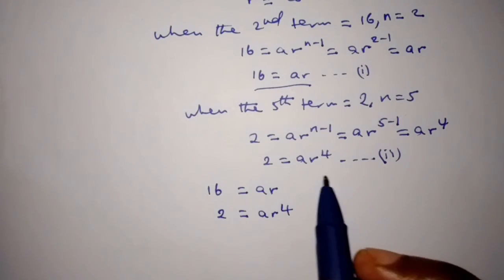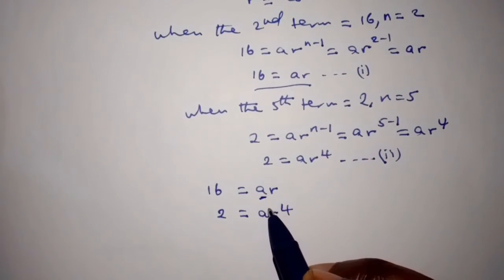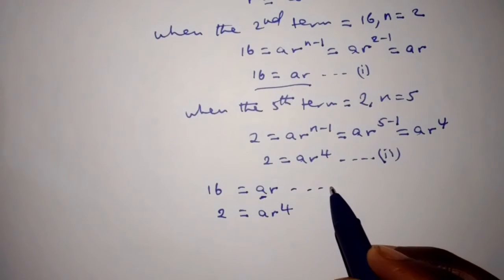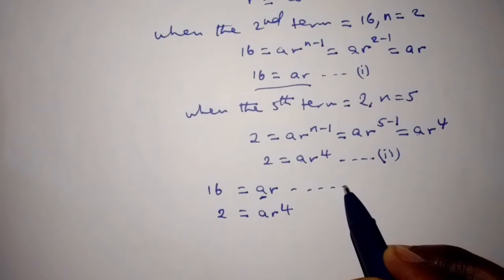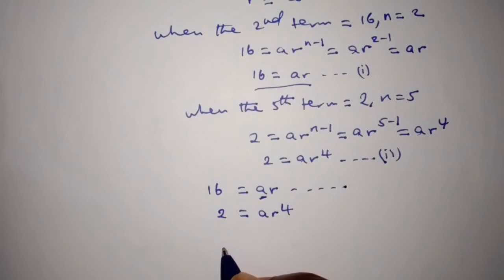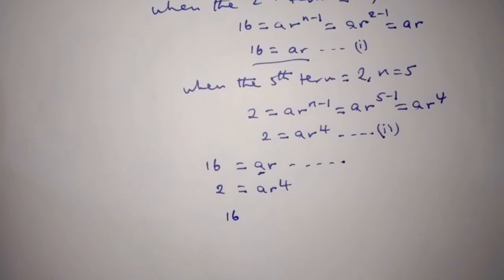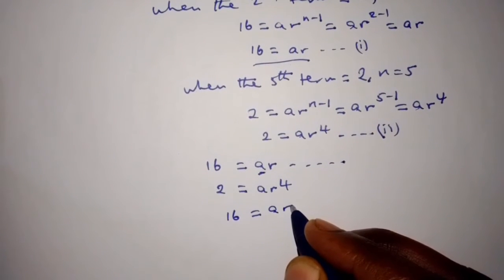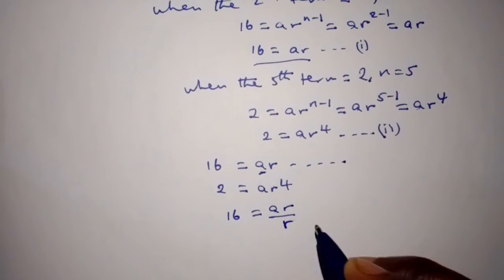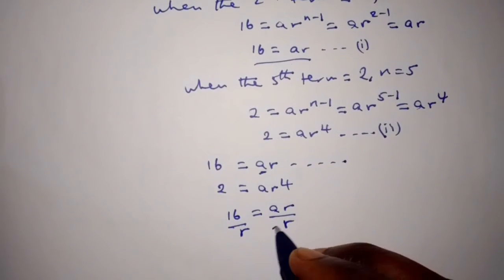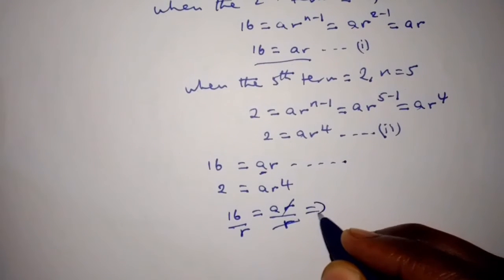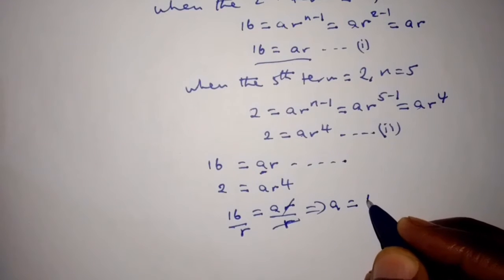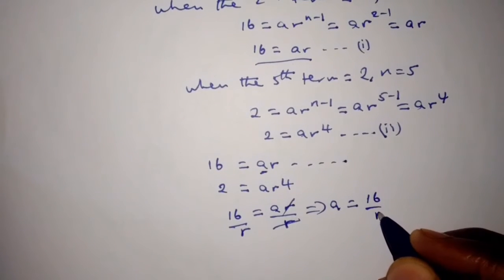So now we can make a the subject in this first equation. 16 is equal to a r. We can divide both sides by r. a is equal to 16 over r.